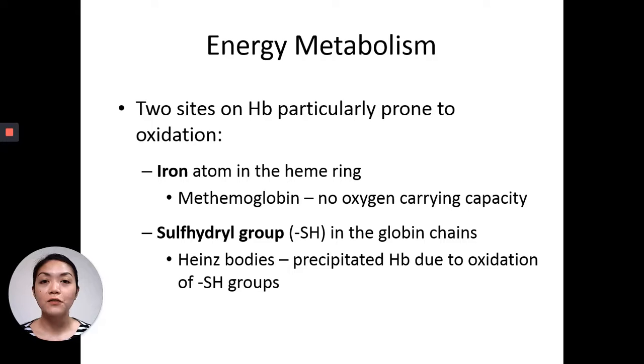The part of your globin chains prone to oxidation is the sulfhydryl group, and once the sulfhydryl group is oxidized, it will precipitate on the surface or membrane of the red blood cell and form an inclusion known as Heinz bodies. Heinz bodies are precipitated globin chains due to the oxidation of the sulfhydryl groups.